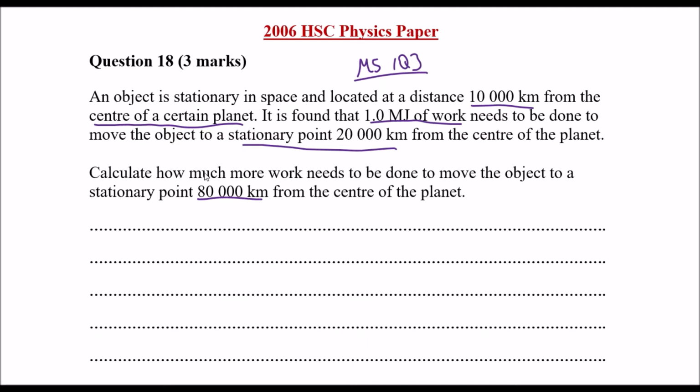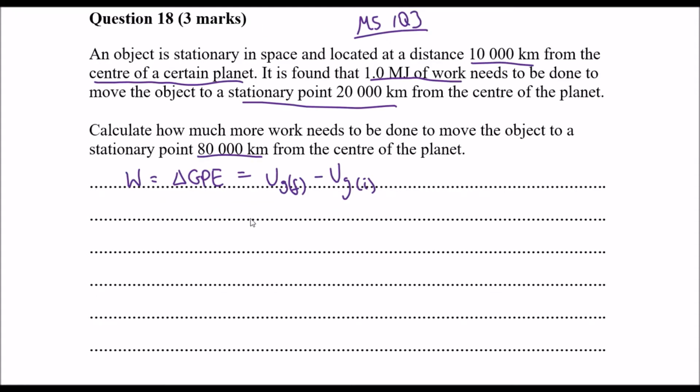Okay, so there's two methods to work this out. We know that work done is equal to the change in gravitational potential energy, so that could be U_G final minus U_G initial.